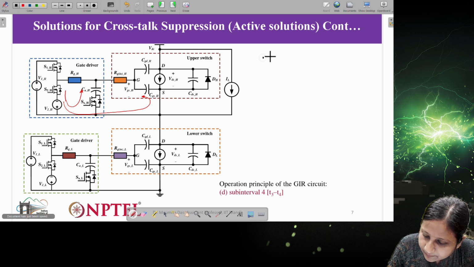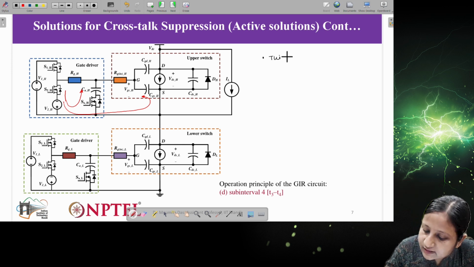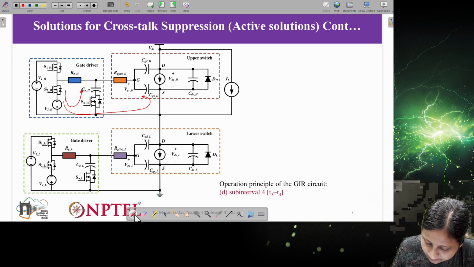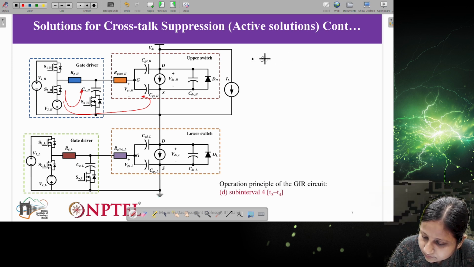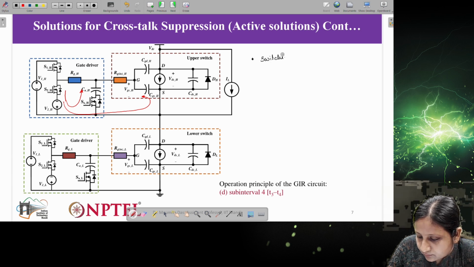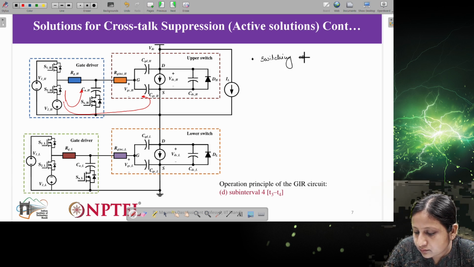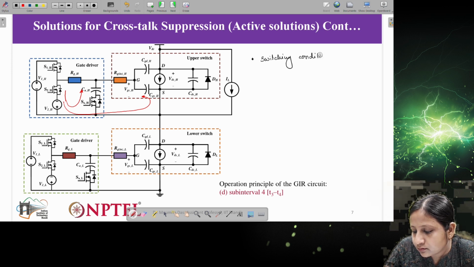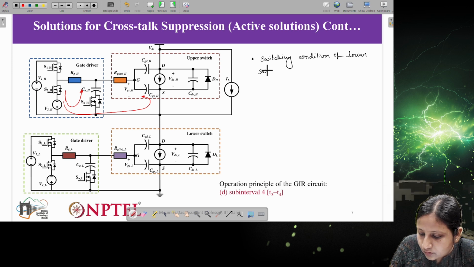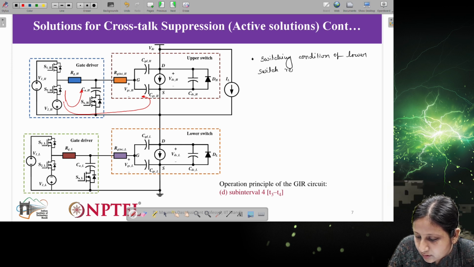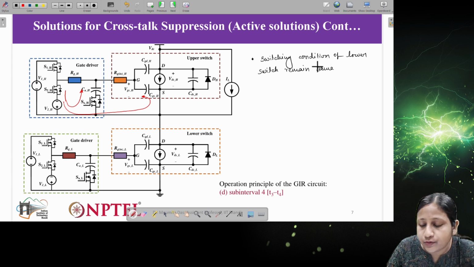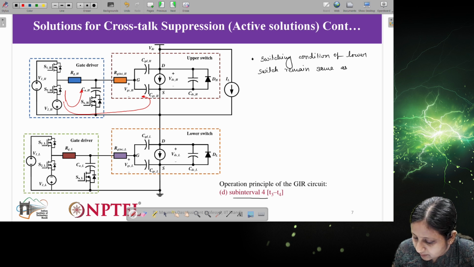In this step, all the switching conditions remain the same as the previous subintervals. This is the same for the lower switch as the previous subinterval, subinterval 3; here it is subinterval 4.